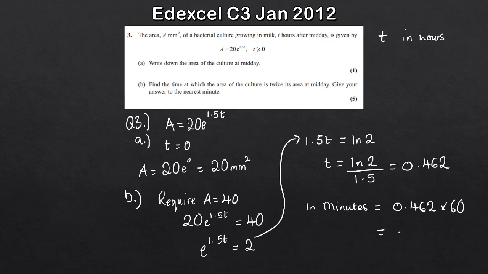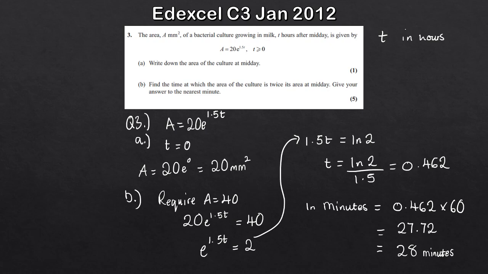Plug that into my calculator, and I get 27.72. But remember the question asks you to write this to the nearest minute, so this would round up to 28 minutes. So after 28 minutes, the area of the culture is twice the area at midday. Okay, so that's question 2 done there.